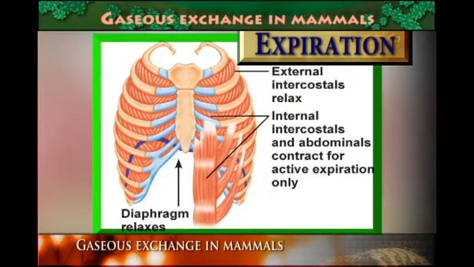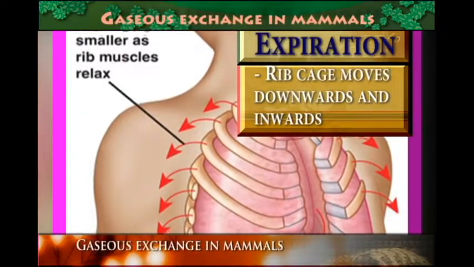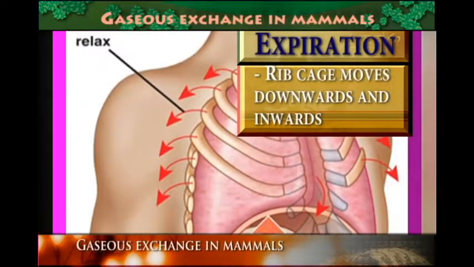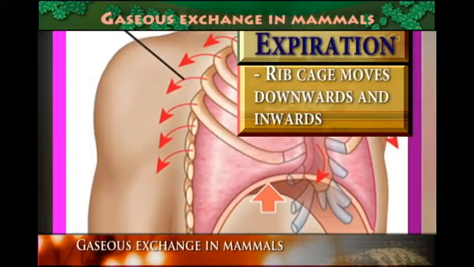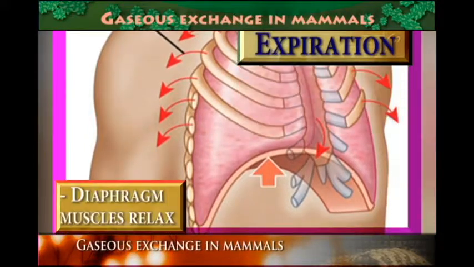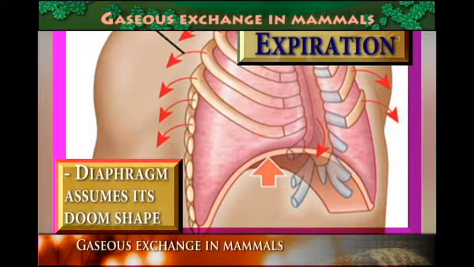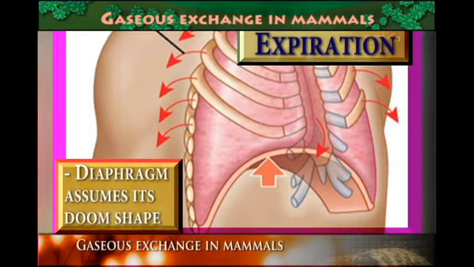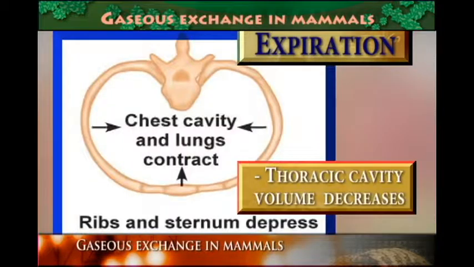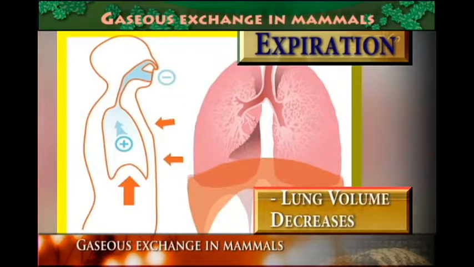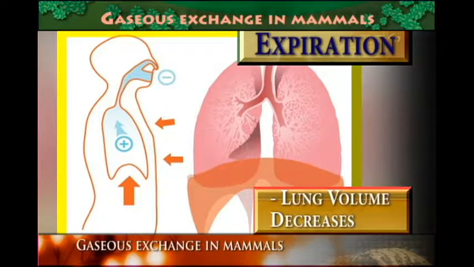In the process, the rib cage is going to move downwards and inwards, and the diaphragm muscles are going to relax such that the diaphragm receives its dome shape. The thoracic cavity volume is decreasing, and the lung volume also is decreasing.